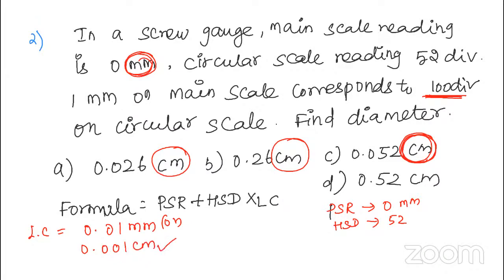We take these values for our calculations. So which one is the correct one, option C or D? Yes, it is option C.